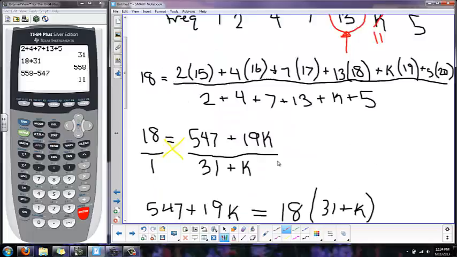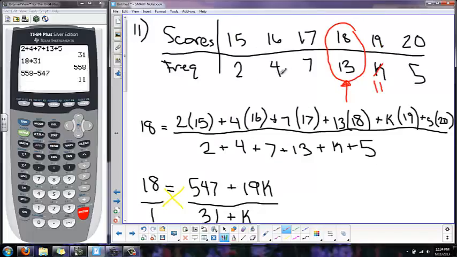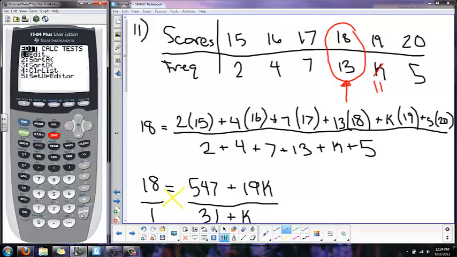Now for the median, what you could do is list out all of these numbers in order and then figure out what it is, but I think that it's easier just to do it in a list and let the calculator do the work for you. Alright. So our scores were 15, 16, 17, 18, 19, and 20. And then the frequency was 2, 4, 7, 13, 11, and 5.